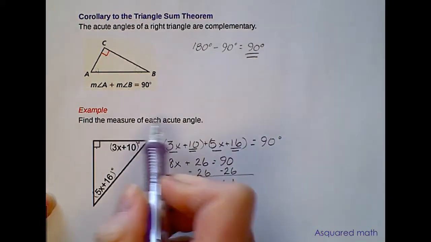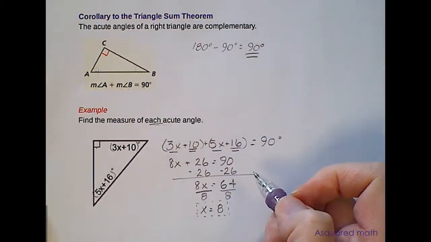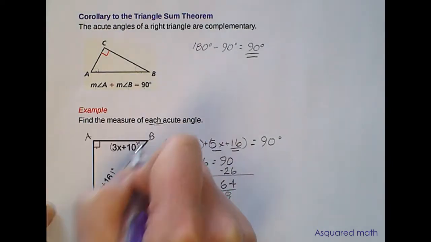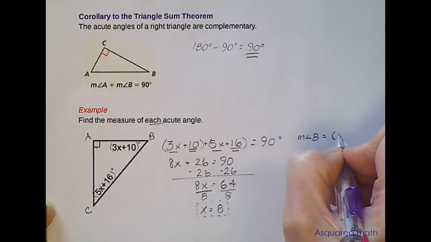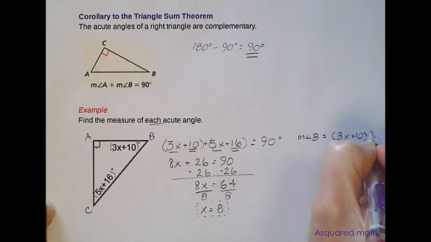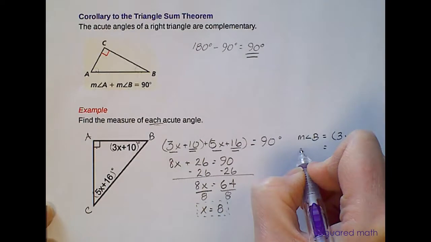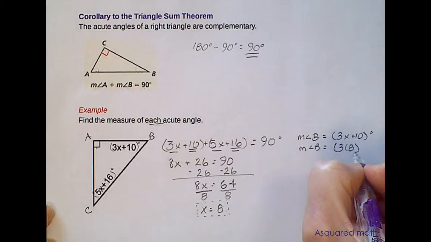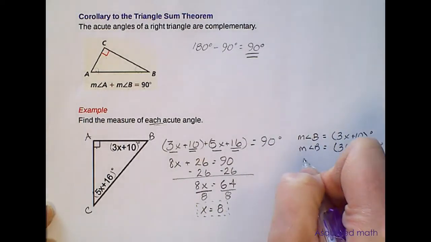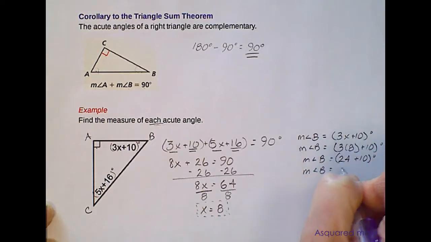We are being asked to find the measure of each acute angle. Now we need to plug those back in. Let's label this A, B, C. So the measure of angle B is 3x plus 10 degrees. Substituting in 8 for x, we get 3 times 8 plus 10 degrees, or 24 plus 10, or the measure of angle B is 34 degrees.